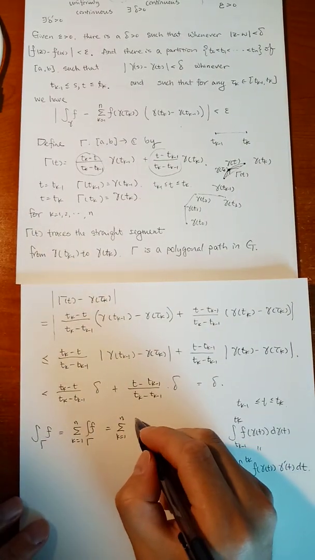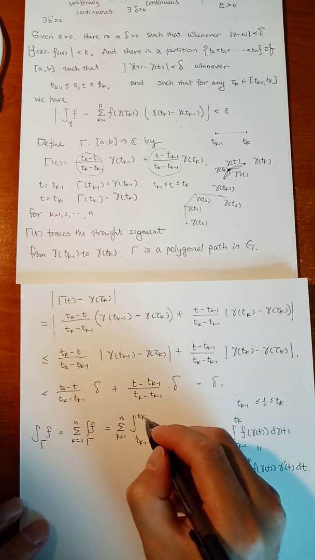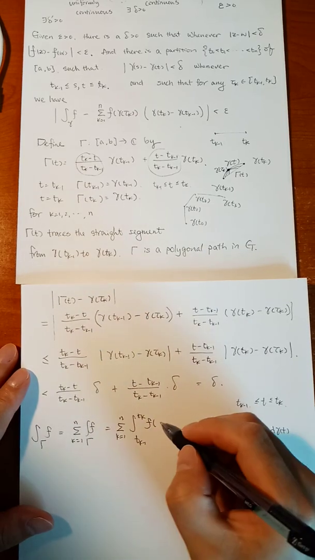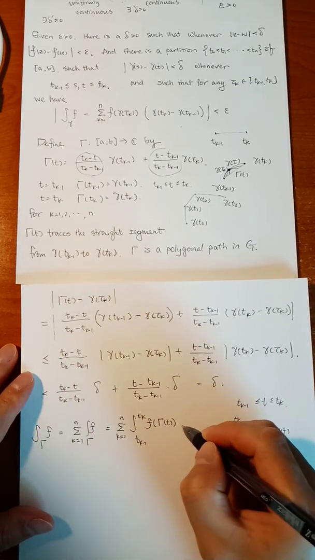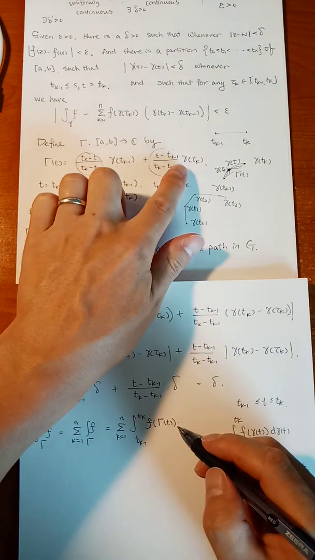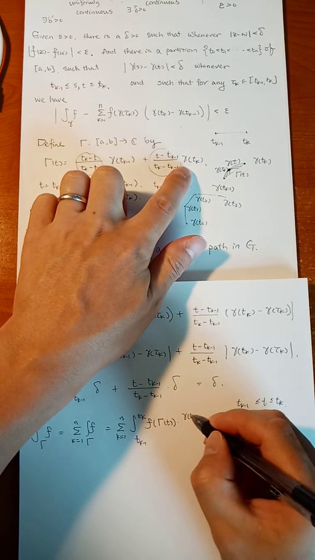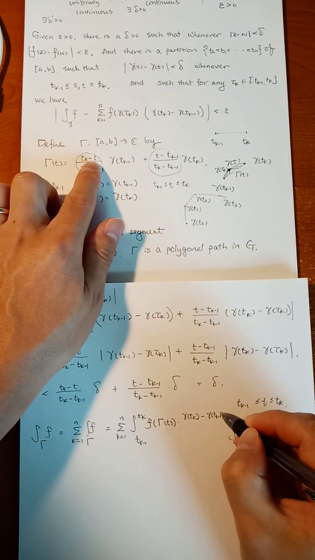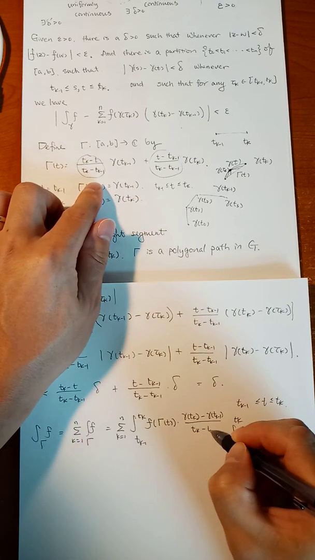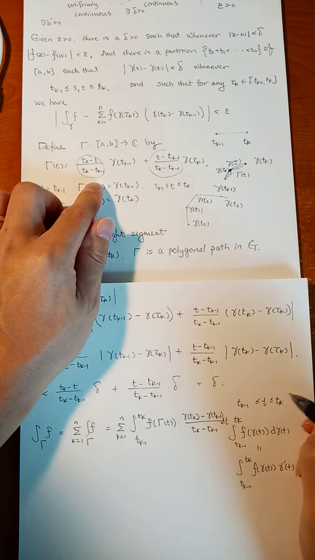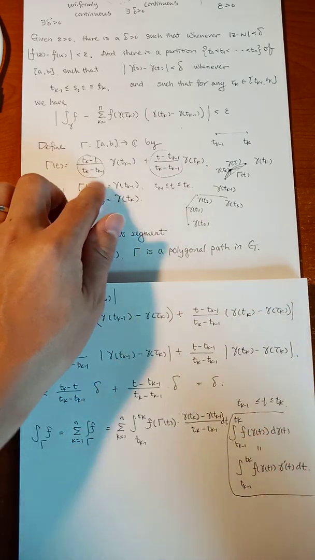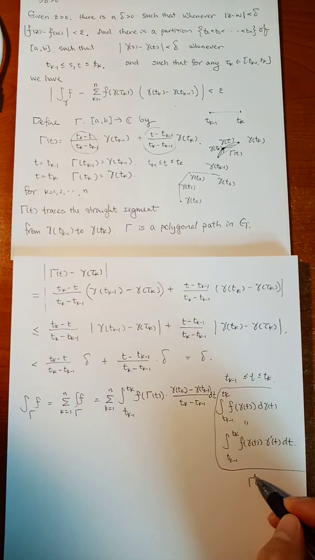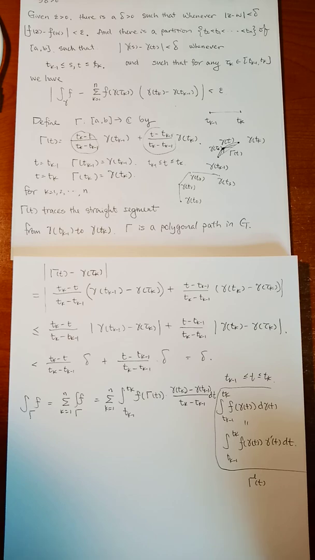So you will have the integral from t_{k-1} to t_k of f of capital gamma(t) times capital gamma prime, which becomes gamma(t_k) minus gamma(t_{k-1}) over t_k minus t_{k-1}, dt.